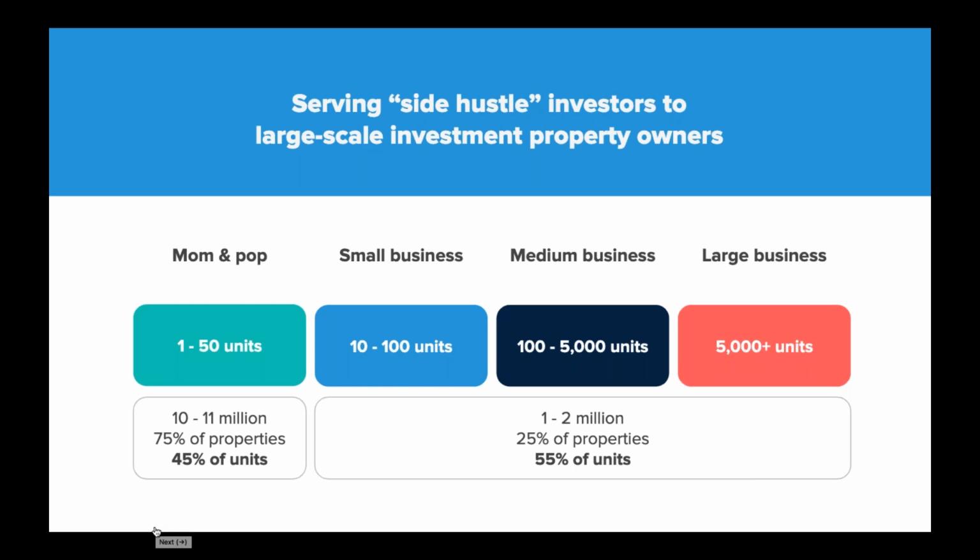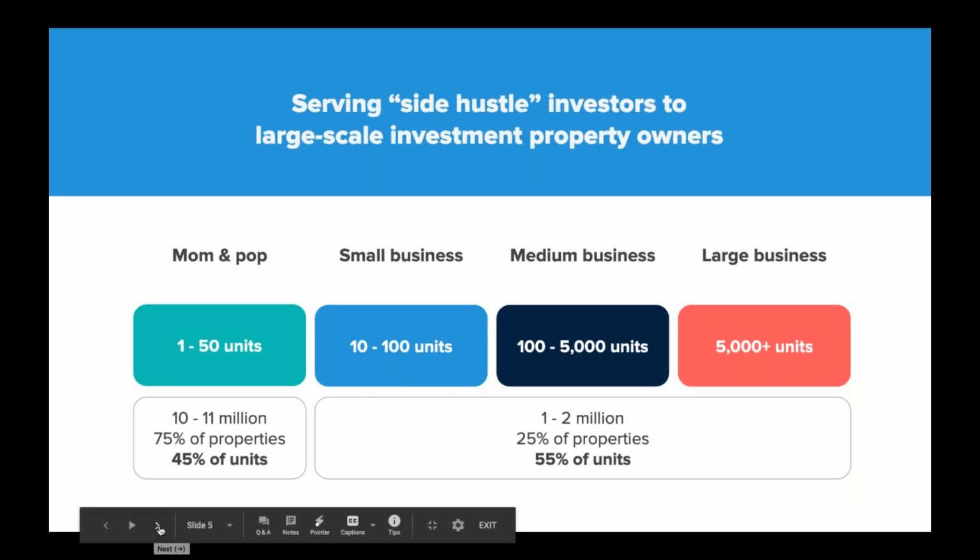The important thing to note is that the bulk of the individuals actually doing it are sitting within the mom and pop industry. Across the United States, there's about 10 to 11 million of those folks, versus on the business side, there's about 1 to 2 million. And 75% of rental properties are owned by the mom and pops, whereas 25% are owned by the businesses.